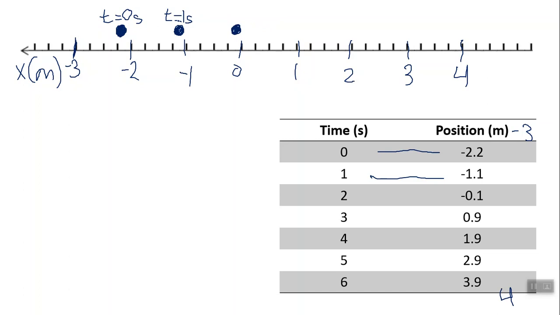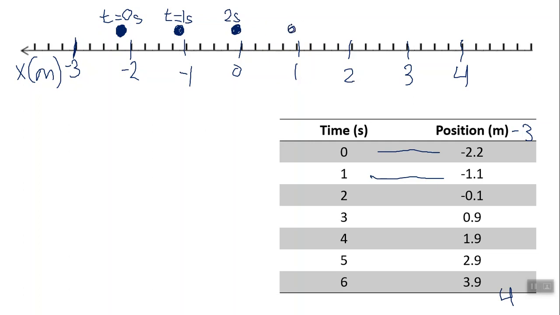So if the time in between these two dots was 1 second, these next intervals also have to be 1 second. So after we do these first two labels, 0 and 1, it is implied that this next dot occurs at 2 seconds. You don't have to label it, but you can go ahead and label it if you want. It's just not required. So we have 0, 1, 2.